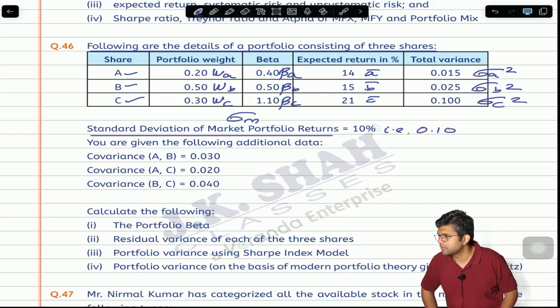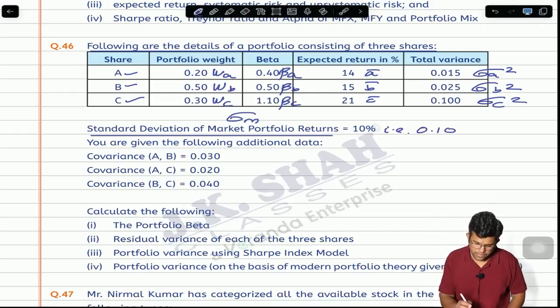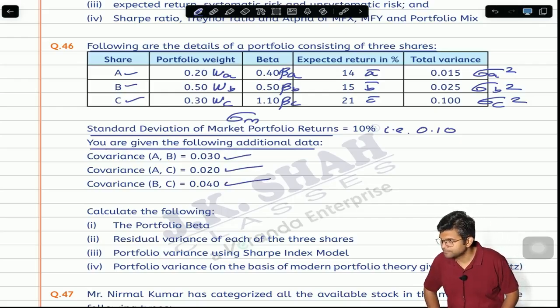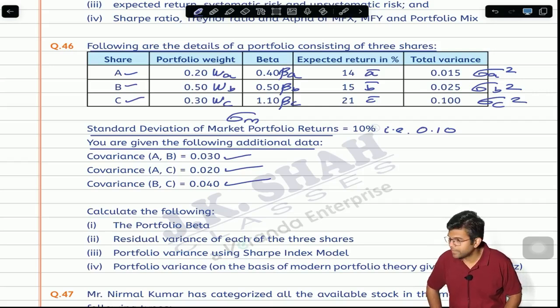I hope everyone is following. Instead of 10, I'll use 0.1. You are given the following additional data: covariance AB, covariance AC, covariance BC. Correct?